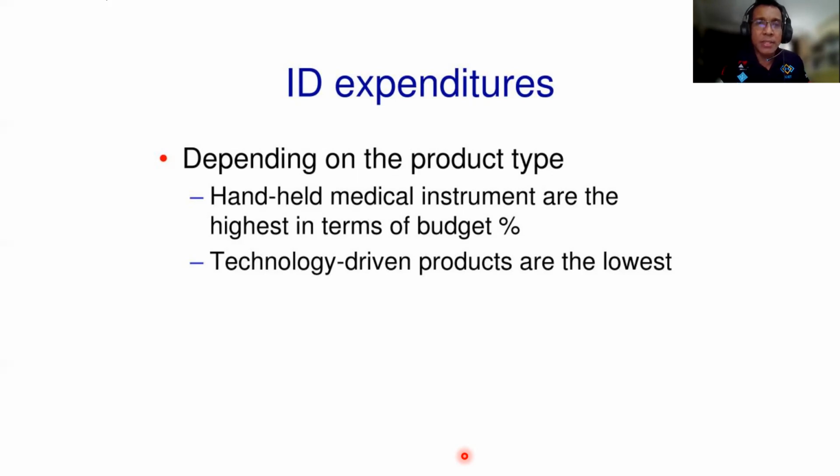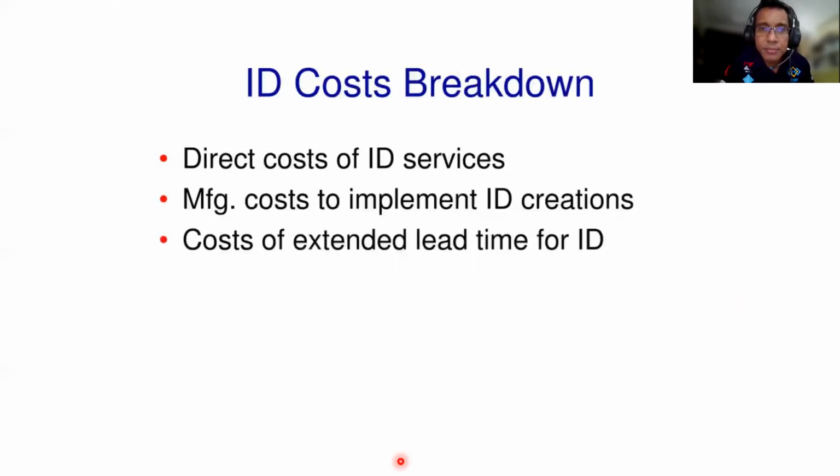For example, for the ID cost breakdown, you can see from here, you learned already direct cost, fixed cost, variable cost. So the cost of industrial design includes direct cost in terms of costing. So what is direct cost?